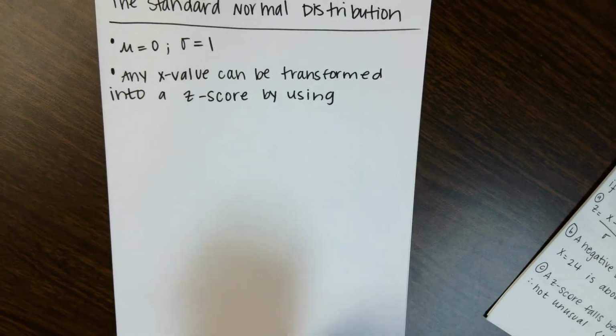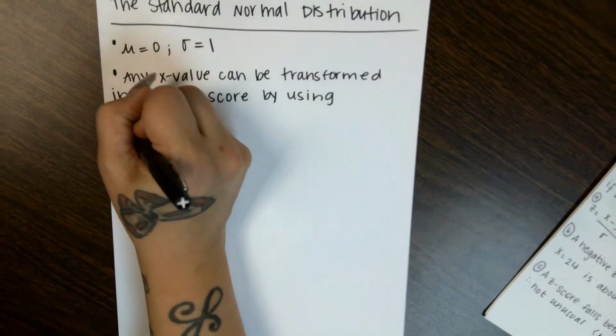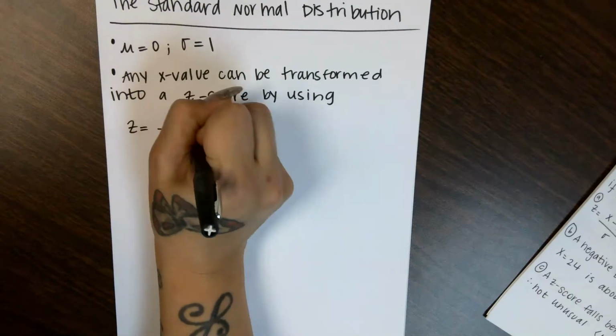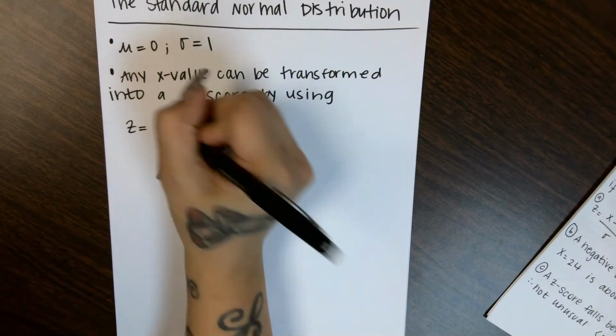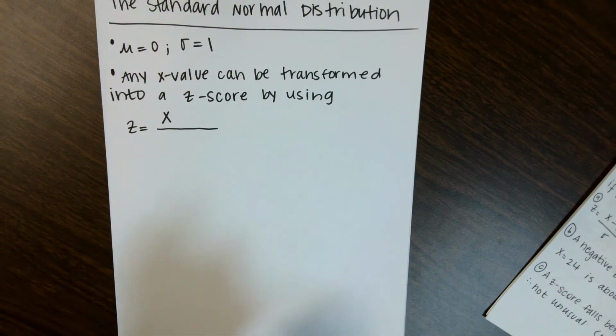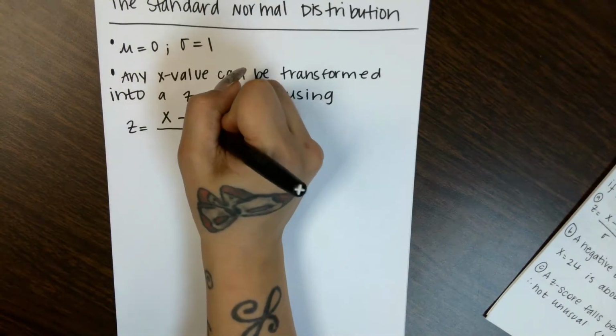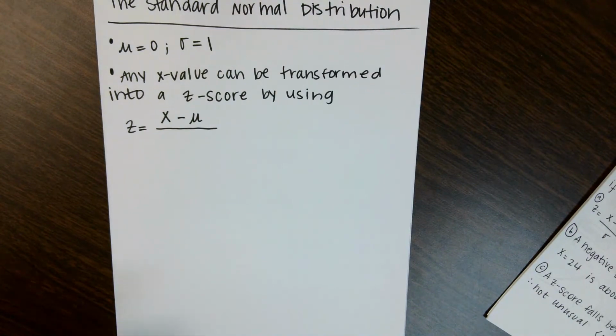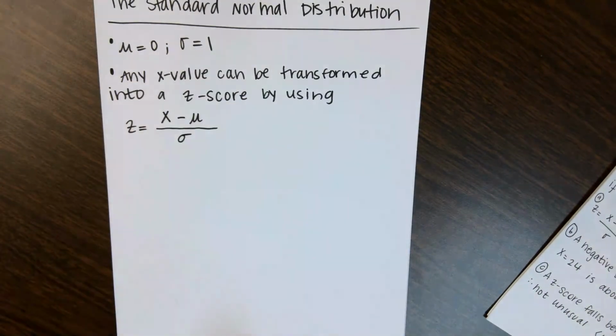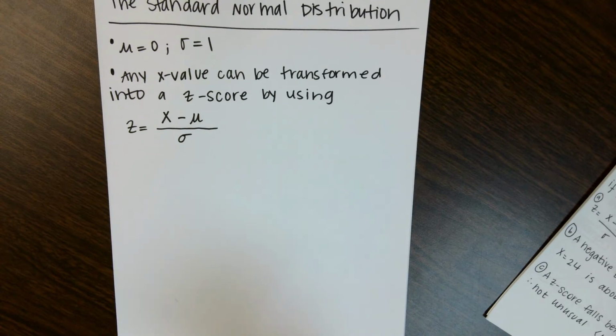Z equals, you take whatever x value you're told you have, subtract your mean, and divide by the standard deviation. Whenever we do 5.2, this formula is going to change a little bit. So to find your z-score, they give you an x, you subtract from that your mean and divide by your standard deviation.